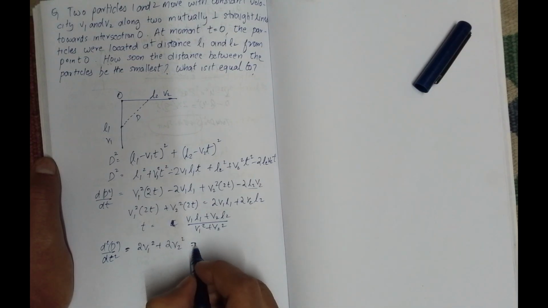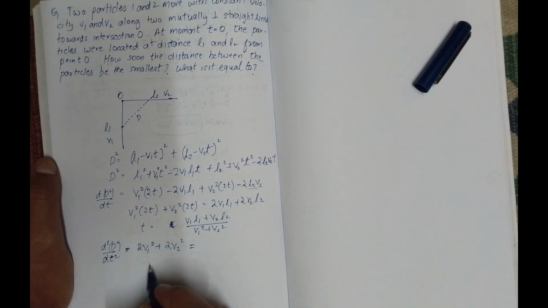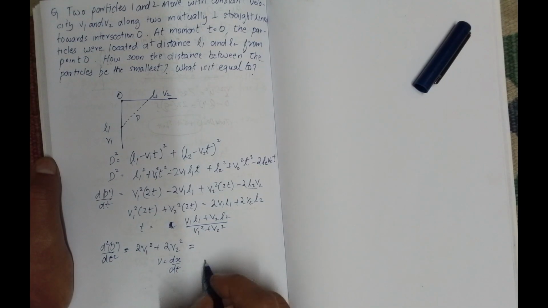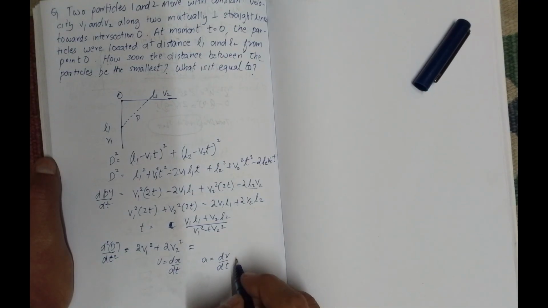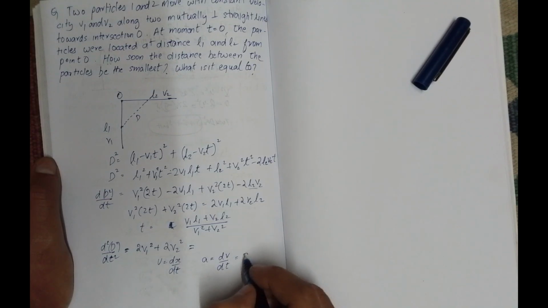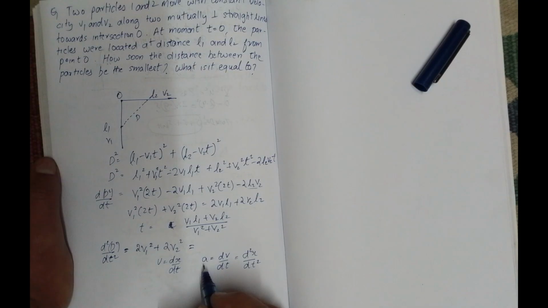It's like saying that velocity is equal to dx by dt, but then acceleration is equal to dv by dt, which we have already seen. So acceleration we can say is equal to d square x by dt square. What is acceleration?